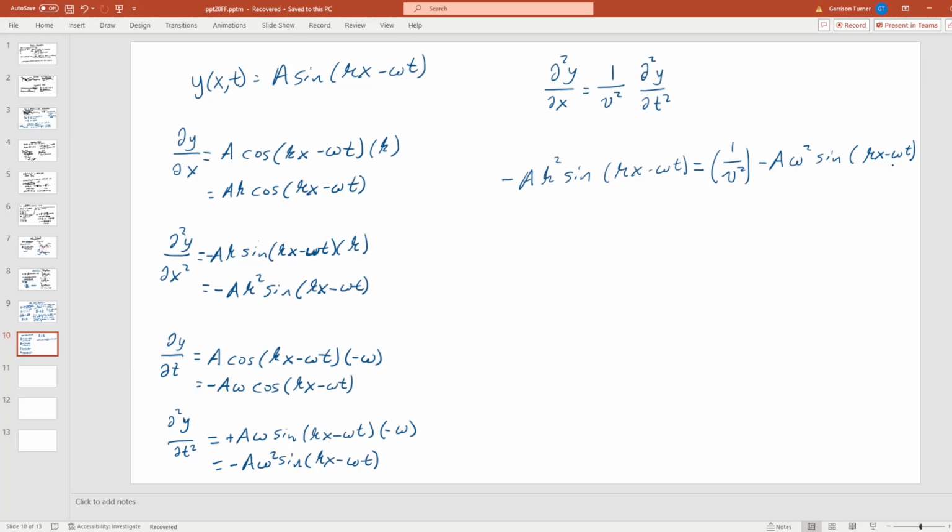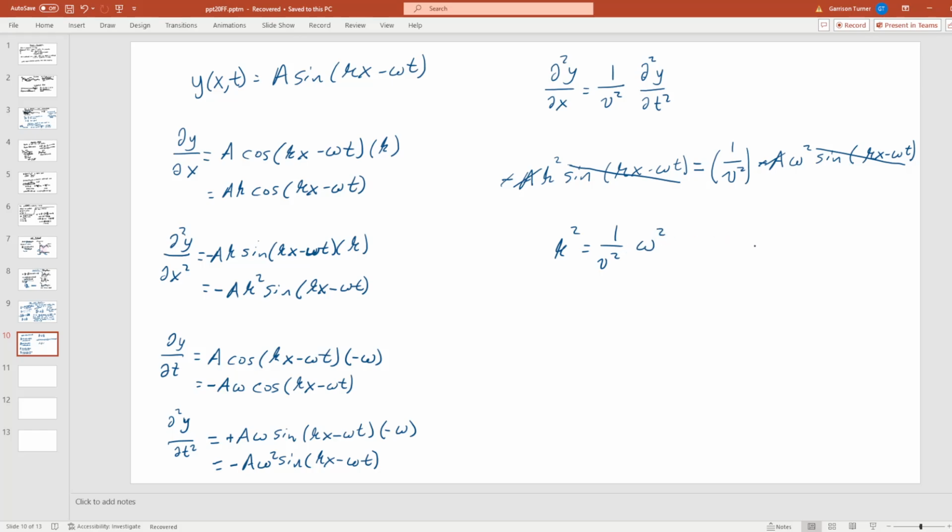First things first, I can cancel a lot of things out. Right off the bat, I can get rid of the sines, and my a's go away, and the negative signs as well. That leaves us with k squared equals 1 over v squared times omega squared.